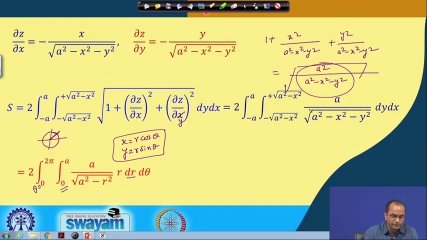We have the integrand a over square root a square minus x square minus y square. So, x square plus y square is equal to r square. So, we have a square minus r square and this factor r, which is the Jacobian, or directly we have also seen from the polar coordinate that we get an additional factor r.